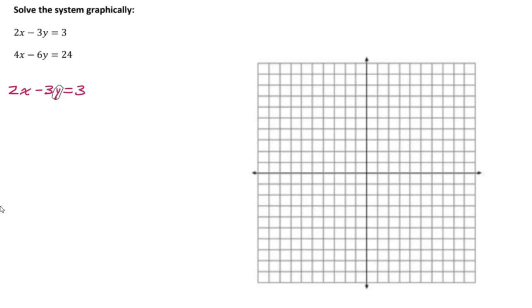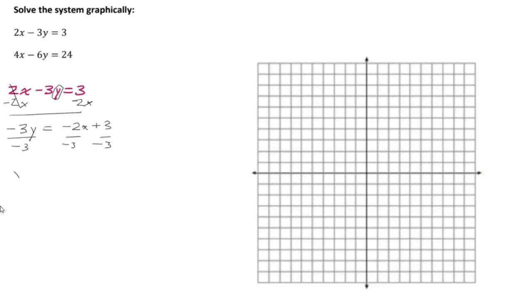Okay, so again, I want to get my y by itself. So I have to get rid of this 2x and the negative 3 in front of the y. In order to get rid of that 2x, I have to subtract 2x on both sides. My equation will now say negative 3y equals negative 2x plus 3. And again, one more time, getting rid of that negative 3.